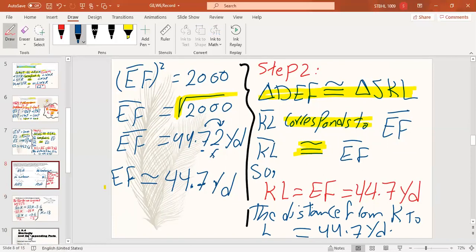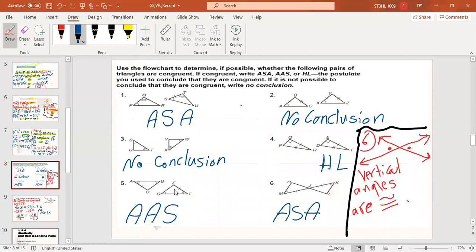Let's move to some exercises from the worksheet which had been uploaded on the school resources. We will begin. Determine, if possible, whether the following pairs of triangles are congruent.